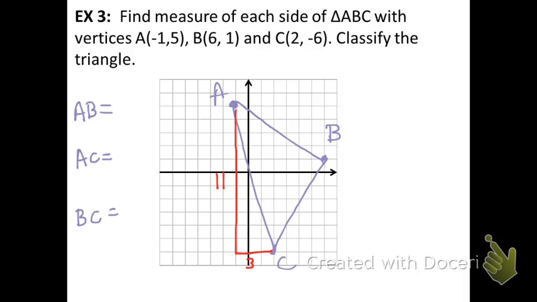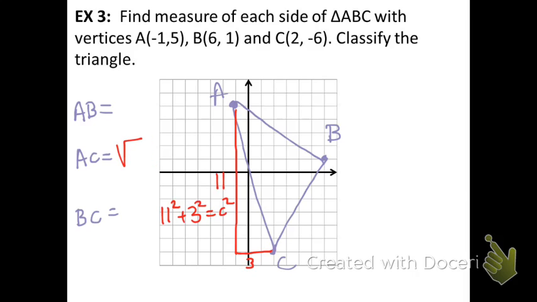So we take 11 squared plus 3 squared, and that will give us c squared. 11 squared is 121, plus 3 squared is 9, so we get 130. So AC is the square root of 130.